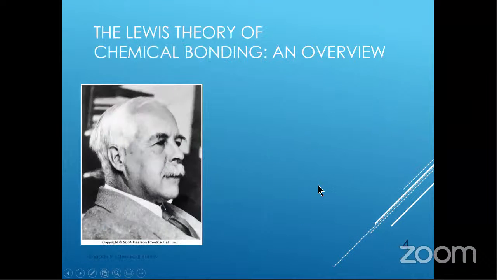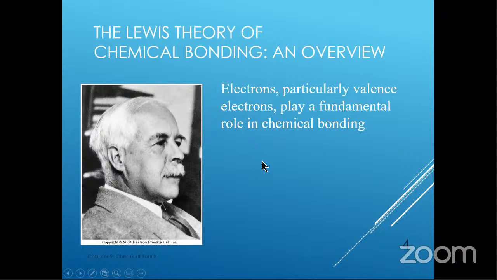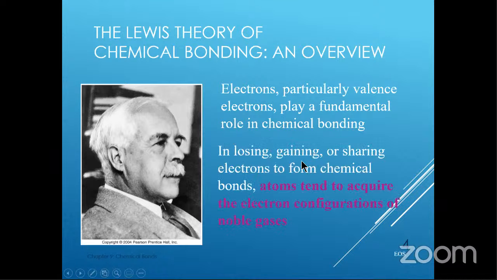Okay, now let's talk about the Lewis theory of chemical bonding. So this guy, G.N. Lewis, he did some theoretical work, and he came to the conclusion that electrons, and in particular valence electrons, play a fundamental role in the formation of chemical bonds. And he discovered that when an atom forms a bond, it tends to either lose, gain, or share electrons, right?